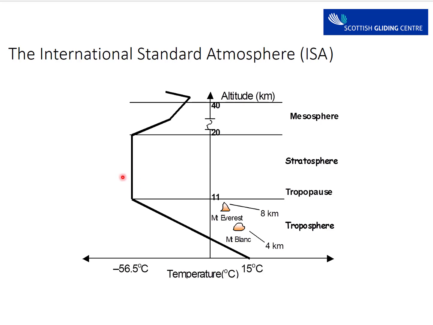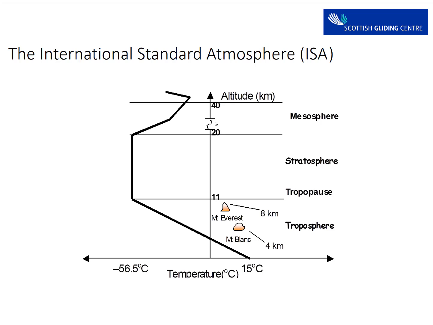So you're sipping your martini in a nice 20 degrees cabin, but outside it's below minus 50 degrees C. There's very few aircraft that fly up in the mesosphere. We're talking there about the SR-71, the Blackbird when it was flying, and the U-2 spy plane. I think they're still going.